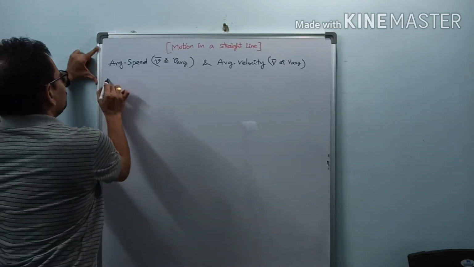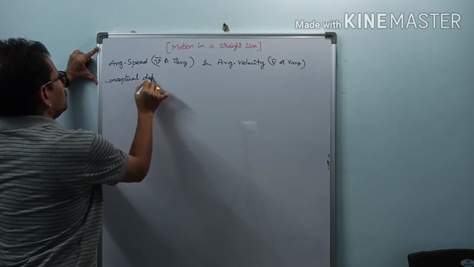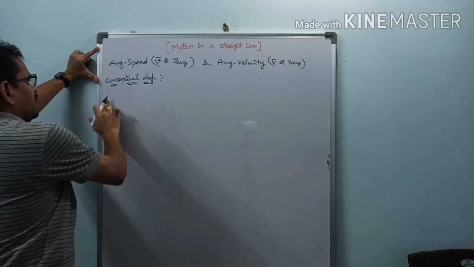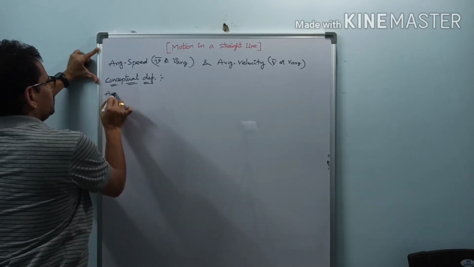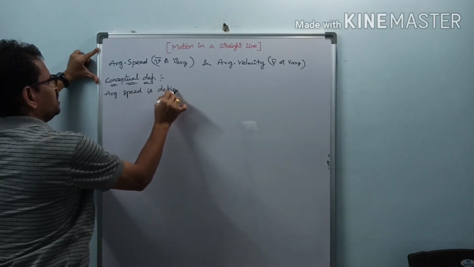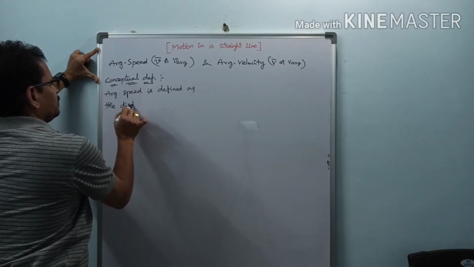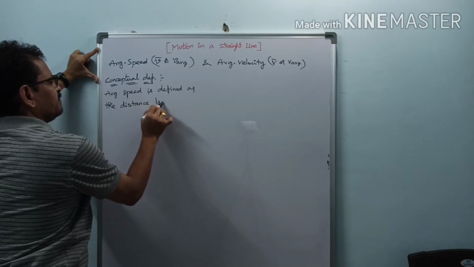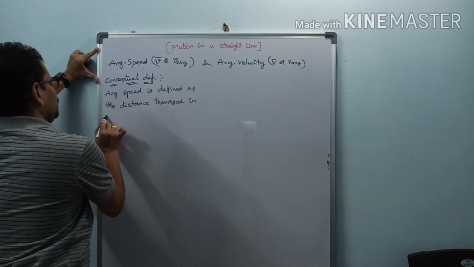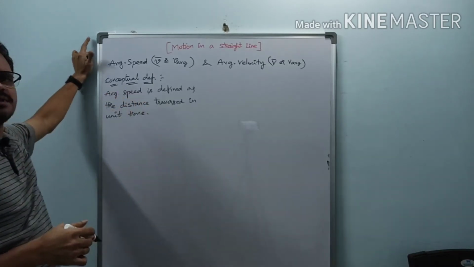The first one is the conceptual definition. What is average speed? Average speed is defined as the distance traveled in unit time.